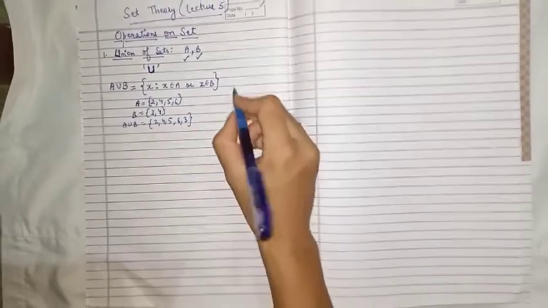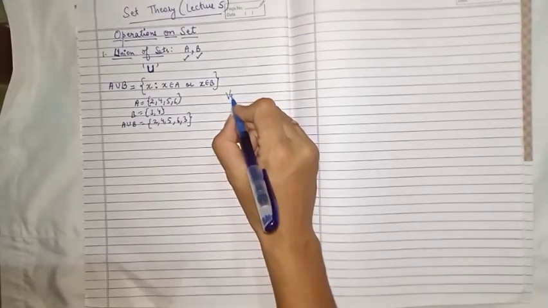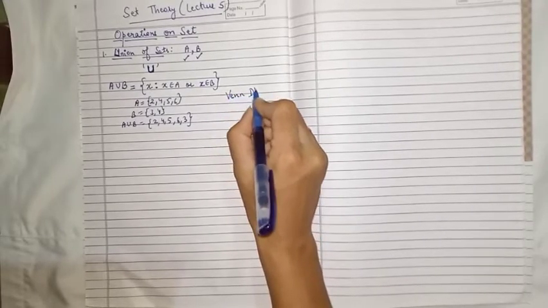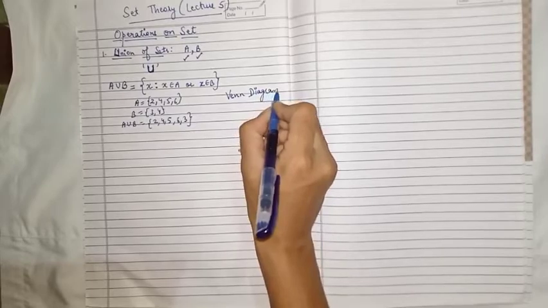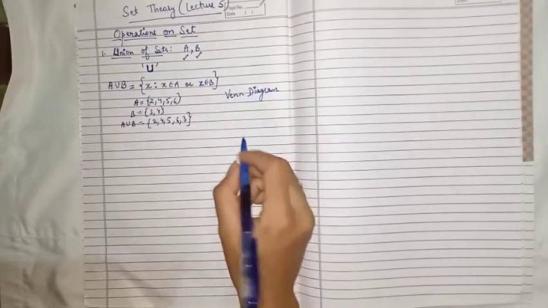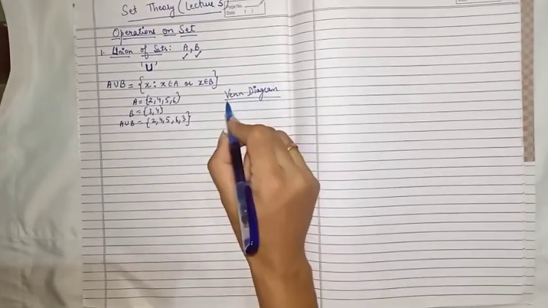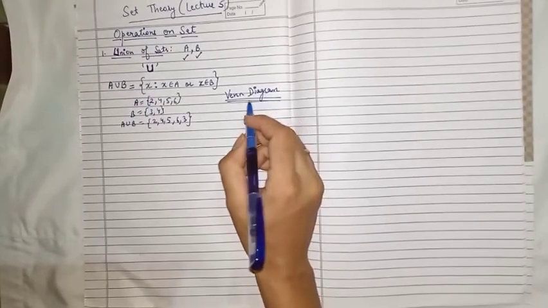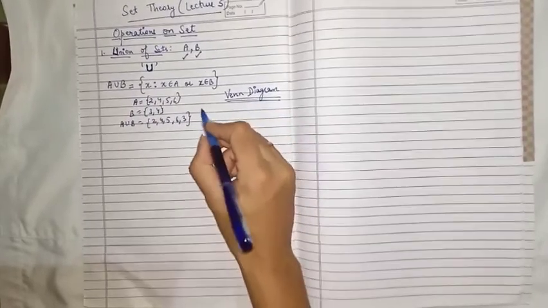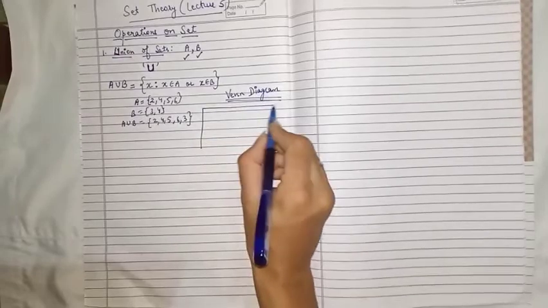Now there are some diagrams, that is Venn diagrams, that are used to show the operations on sets. In these diagrams, the universal set is denoted by a rectangle.